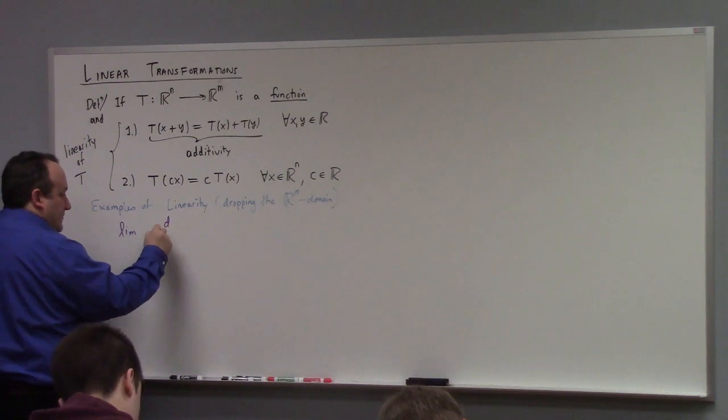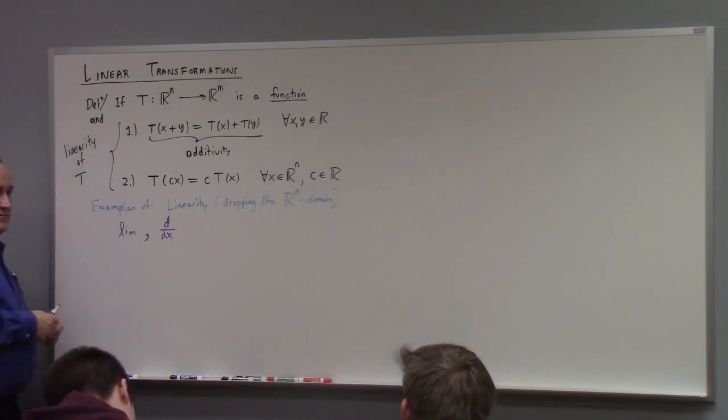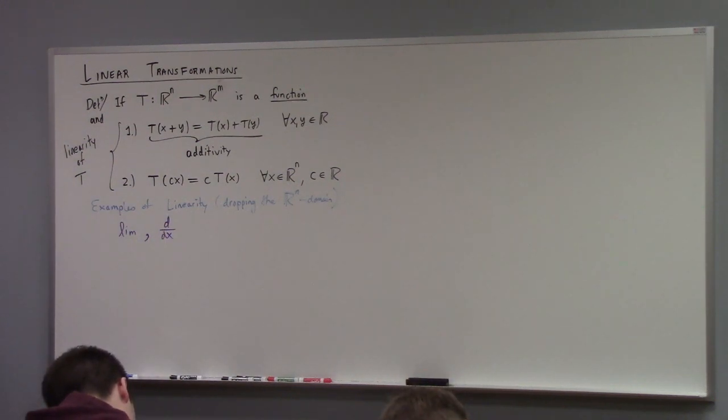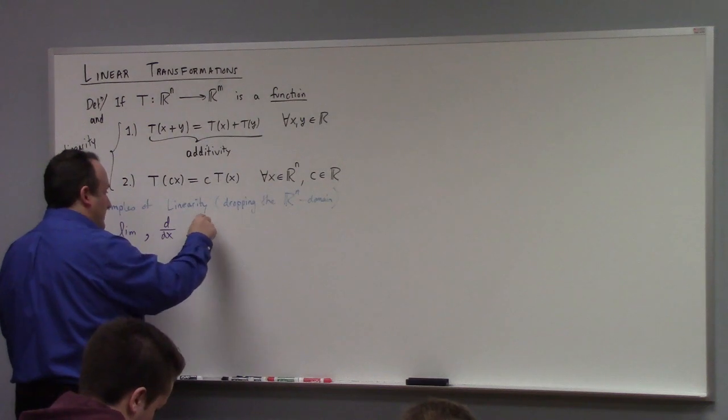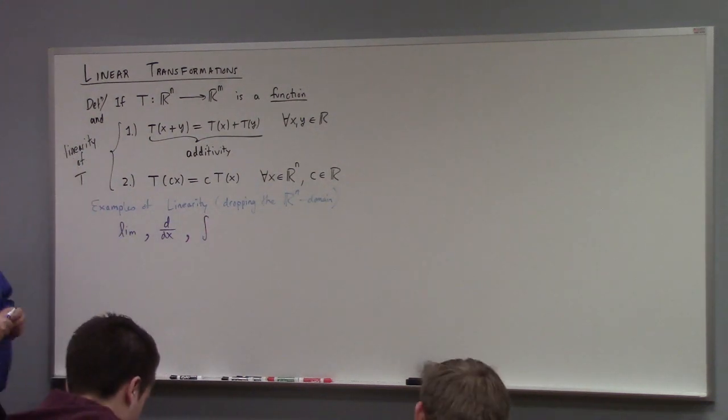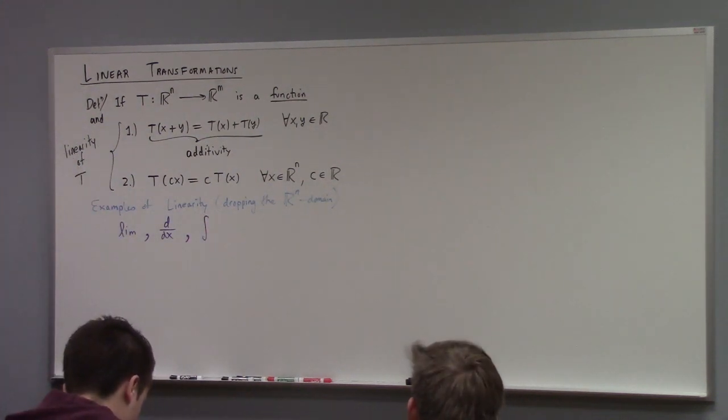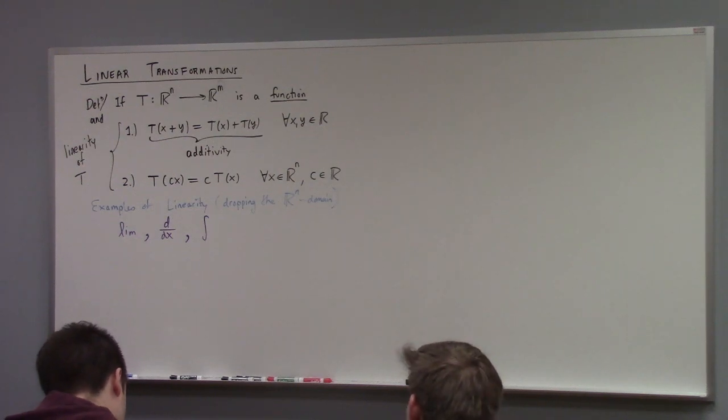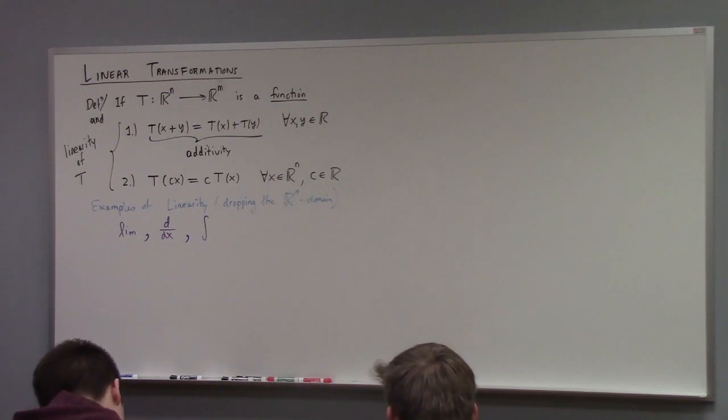How about the derivative? The derivative of a sum is the sum of the derivatives. You can pull a constant out. What else? Oh, integration, right? Integration has linearity. Yeah, with the proper understanding, if we're talking about indefinite integration.